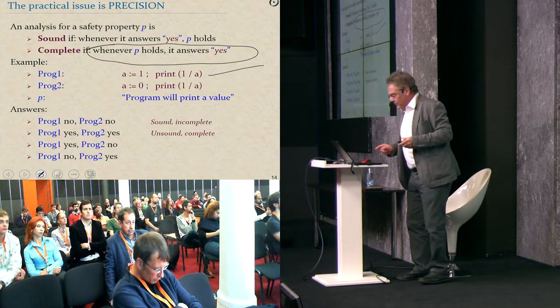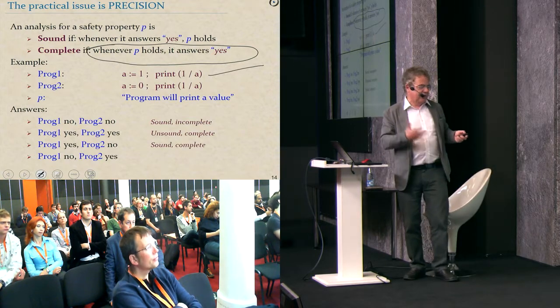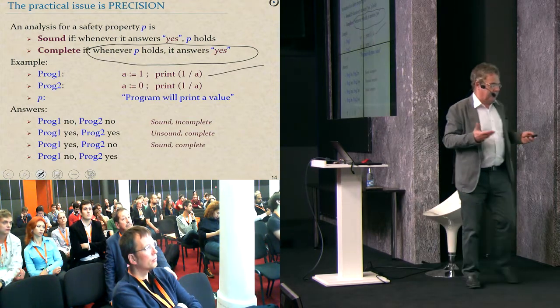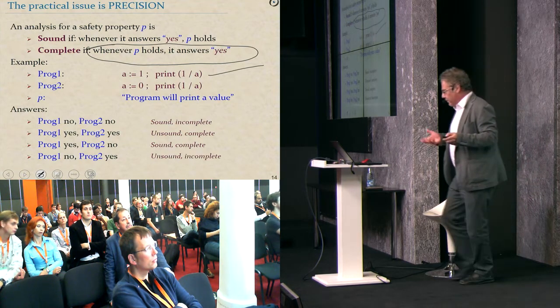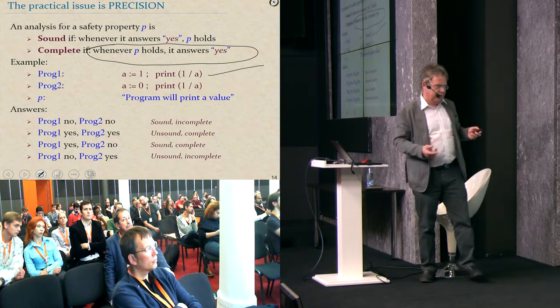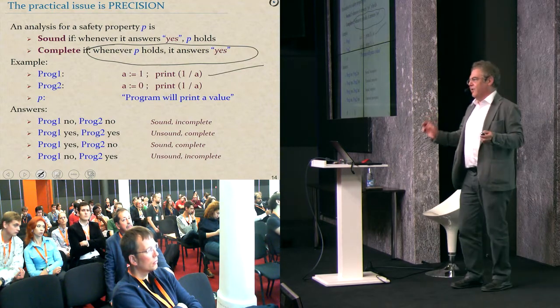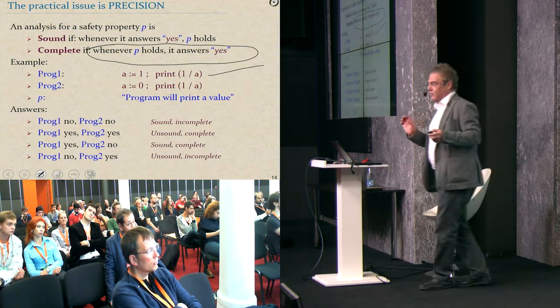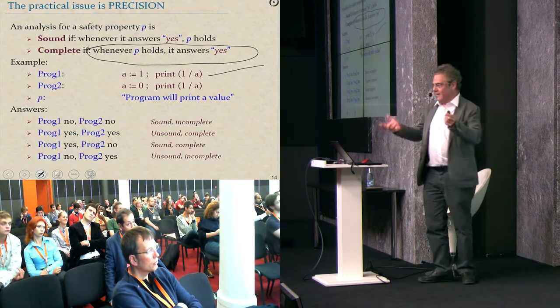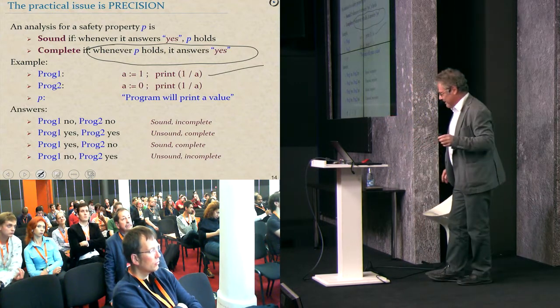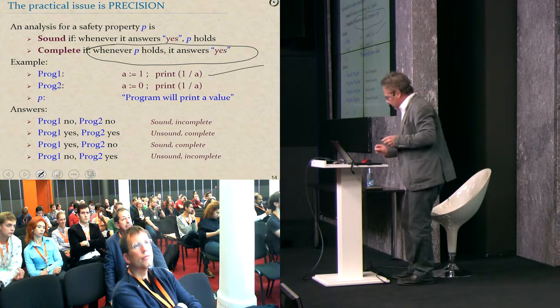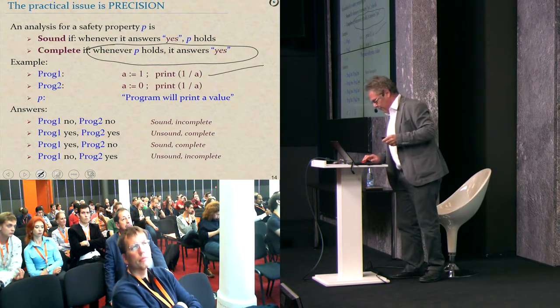The one we want is the third one, which correctly says that for prog1, yes, everything's fine, and for prog2, no. And there's a fourth variant, which I call unsound incomplete. The technical term is stupid, because this one tells you exactly the reverse of the truth. So if you write analyzers like that, you're not going to be very successful.